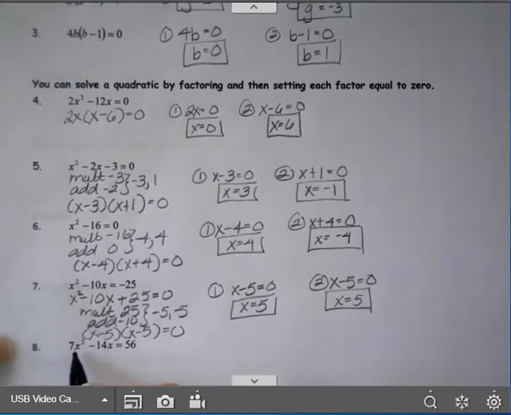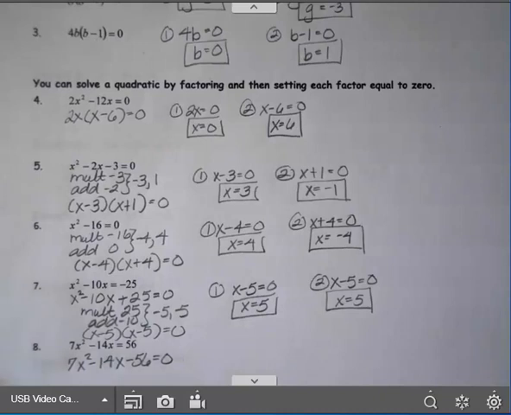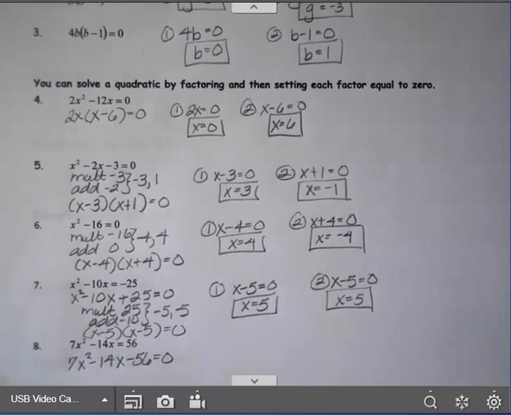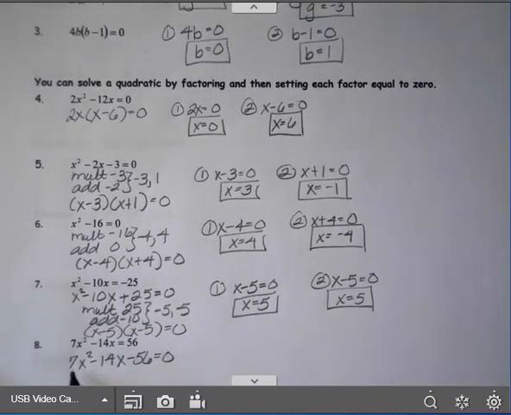On the next one, you have to set it equal to 0, so subtract 56 from both sides. Since it's set equal to 0, I notice they do have a greatest common factor. If you have a greatest common factor that's a number, you can divide both sides by that number. So I'm going to divide everything by 7.